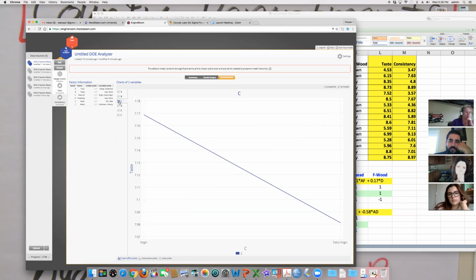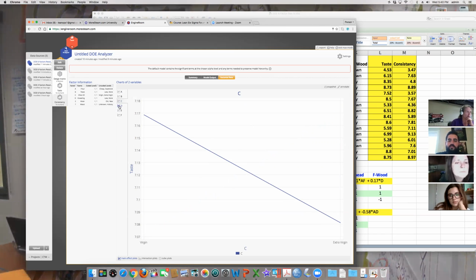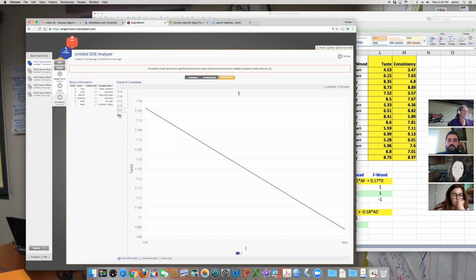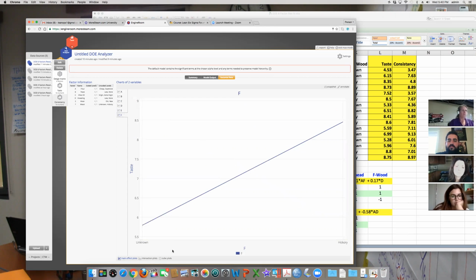And then C, we see that virgin has a little bit higher value than extra virgin as far as the main effect goes. But we also know that the olive oil, by itself, as a main effect wasn't significant, right? So we've got some main effects that we can take a look at if you want to see that graphically, but it just reinterprets the information on that model output summary.